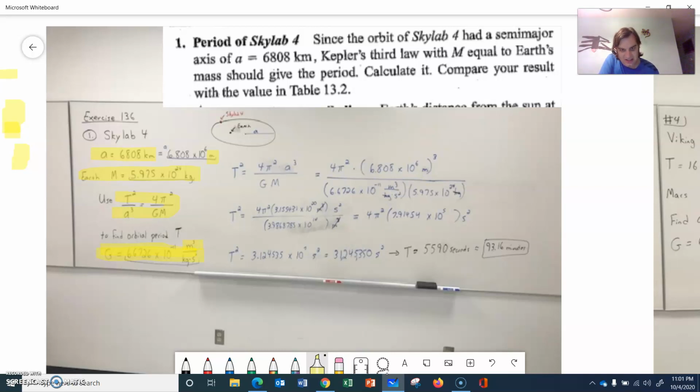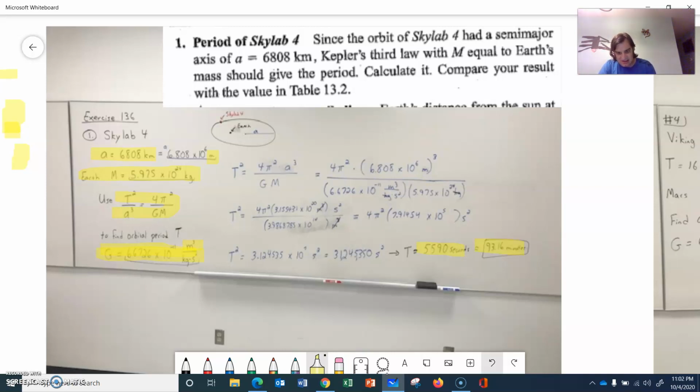So if I put all that in, I've got quite a mess with some units and some scientific notation, but if I'm very careful, push through, I get 5590 seconds to take Skylab around Earth, or 93 minutes.